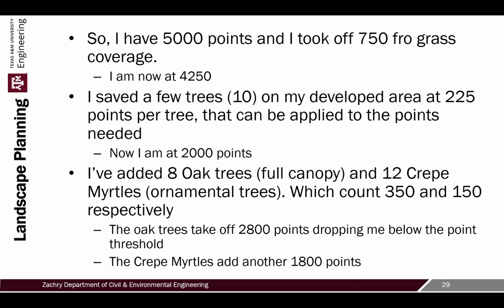It should be interesting to note, it's like, well, why do I have a fully developed tree and it only counts 225 points? The reason why is that some trees will be fine, especially in this area. They've been around for hundreds of years, but they're actually really sensitive to things like vibration and all. And so when you're building your building, it actually starts damaging them, and they end up dying shortly after the building's built.